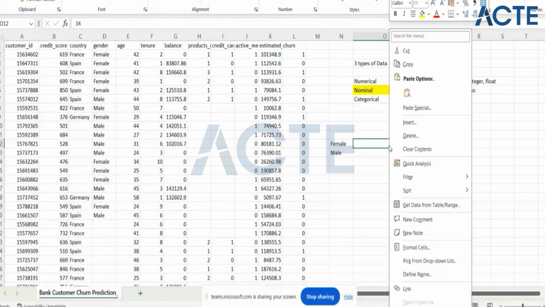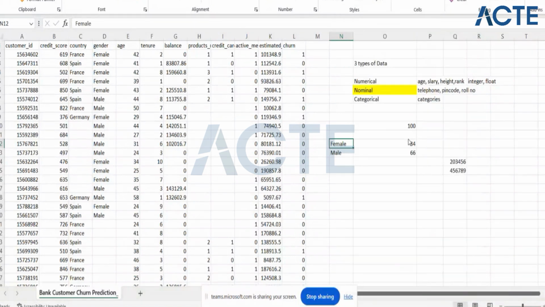So this divides my whole data into two different categories. What is the total number of students? 100. And what are the two categories I have? Male and female, and within that I have the numbers 34 and 66. So these are my categories.